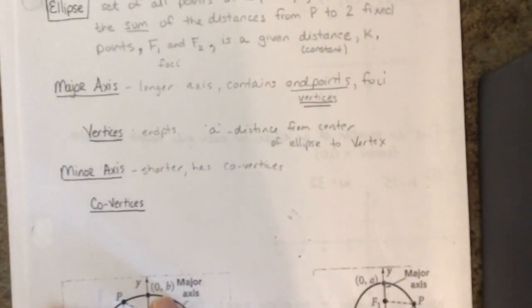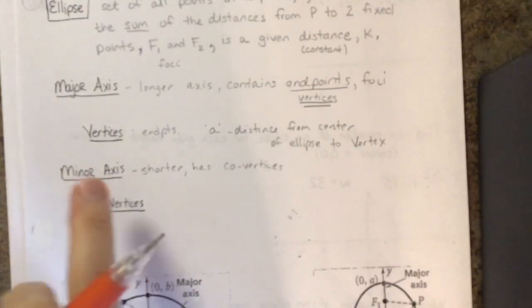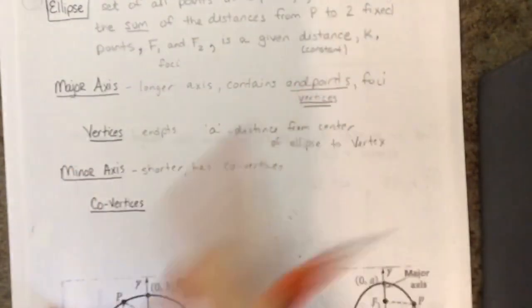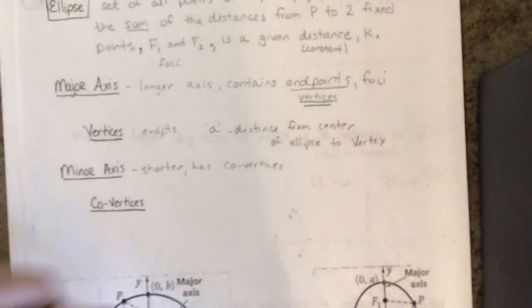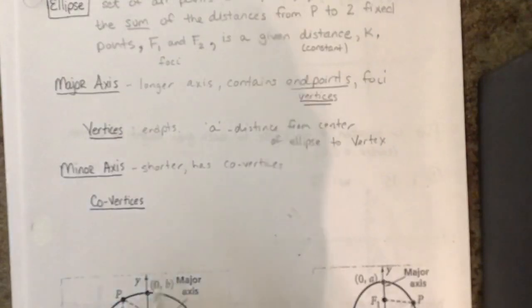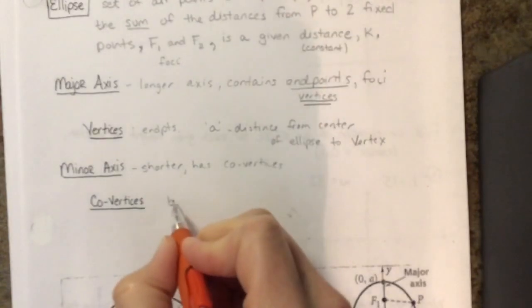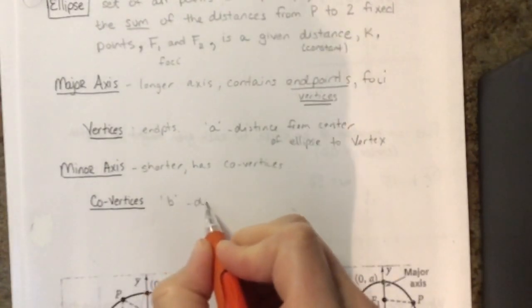Okay. Right. The minor axis does not have the foci. Okay. So here's the minor axis, all right, and b is this distance from the center to a co-vertex. All right. It's given by b. This is the distance.